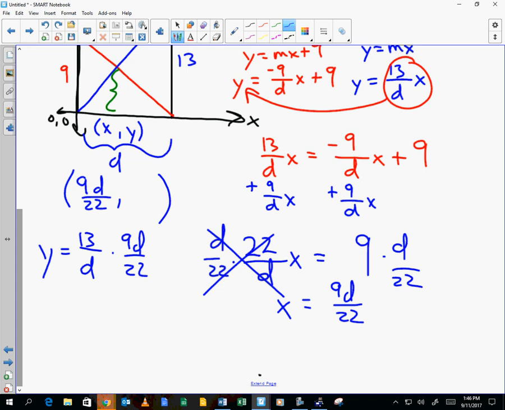Oh, what happens to the d's? Oh, isn't that nice? And we get 13 times 9, 117 divided by 22. Which is approximately 5.31 feet.